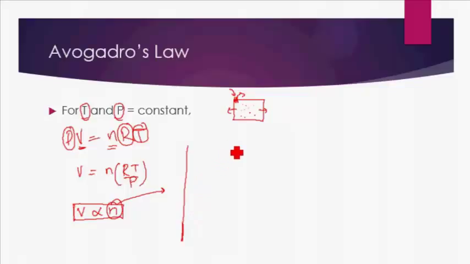That is to say, oxygen gas exists in the form of O2 and not O. So here n is number of moles of O2, not O. Similarly, if you take nitrogen, here n is number of moles of N2 and not N. Whereas helium doesn't exist in the form of He2; that is wrong. Helium is a noble gas, so it exists in atomic form, He. So here n will be number of moles of helium atoms.